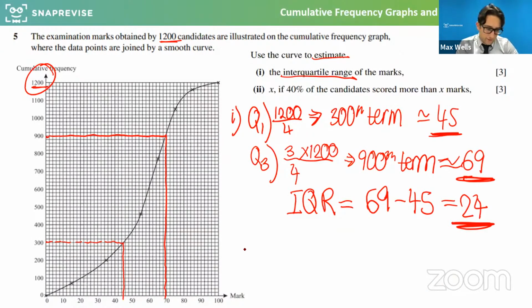Now, I want to talk carefully about the second part of the question, which is asking us to find X if 40% of the candidates scored more than X marks. The reason why this kind of question is really important is I relate it to a more involved part of the statistics course, which is called hypothesis testing and tails.